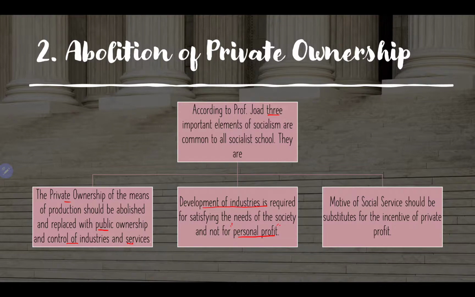Industry should be developed for moving your society further in the development phase, but not for personal profit. So the motive is social service. Now let's talk about the motive. The motive of social service should be a substitute for private initiative or private profit.